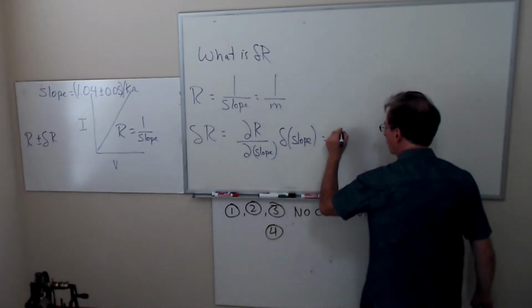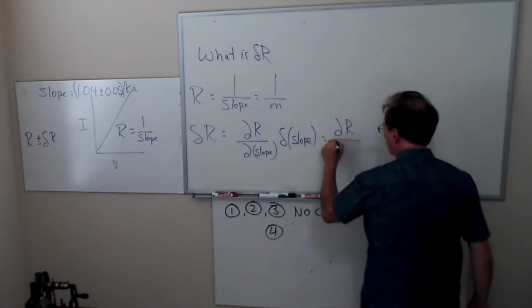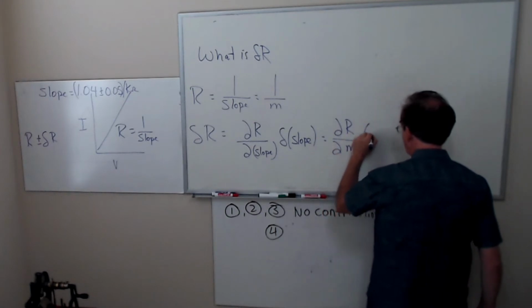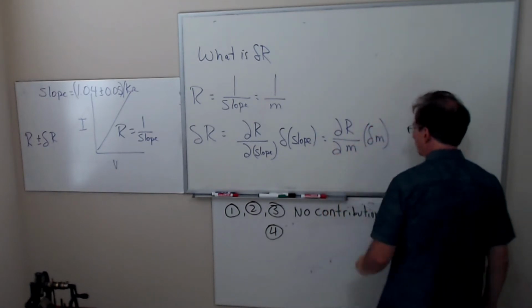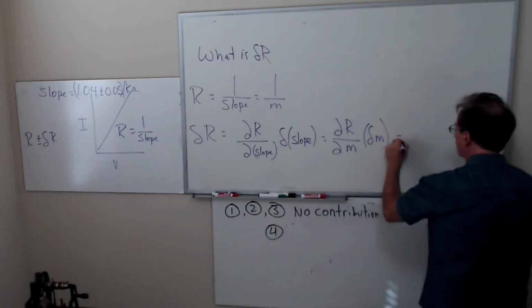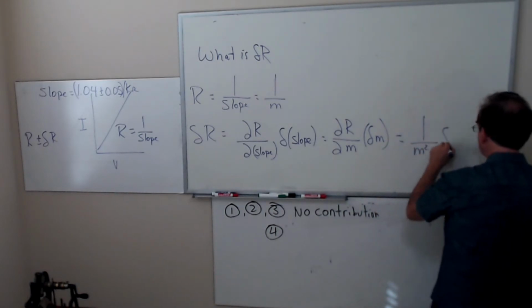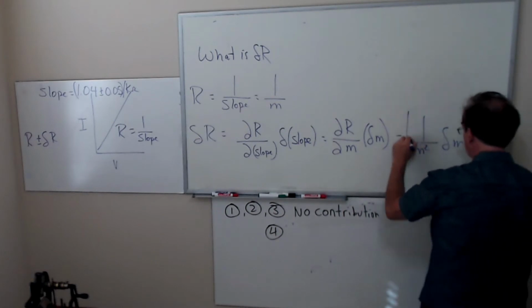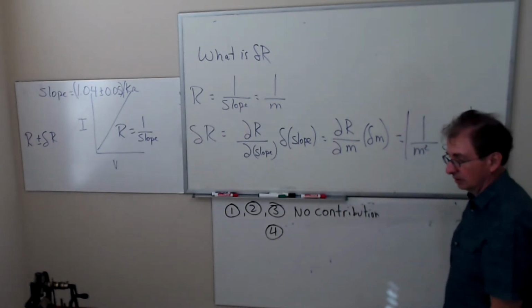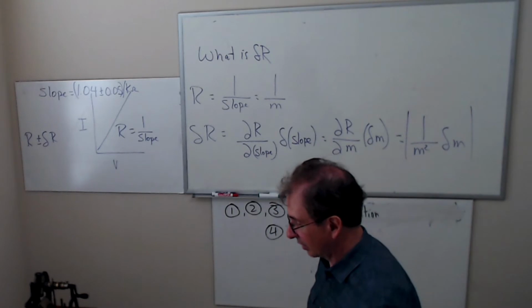Or let me write it this way, the derivative of R with respect to m, delta m. If you do this, you will get 1 over m squared delta m. And I want the absolute value of this thing. That's the correct way of calculating the uncertainty.